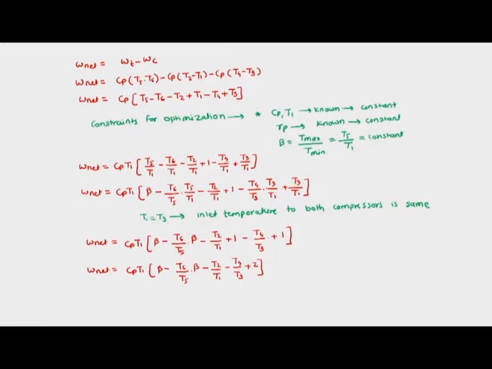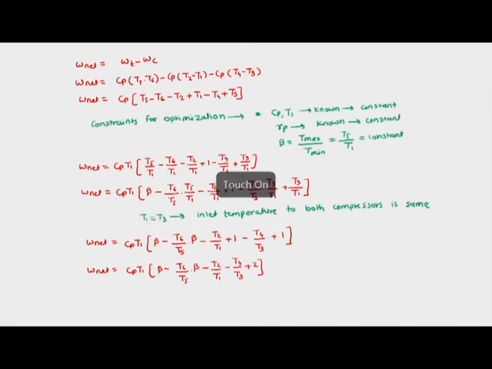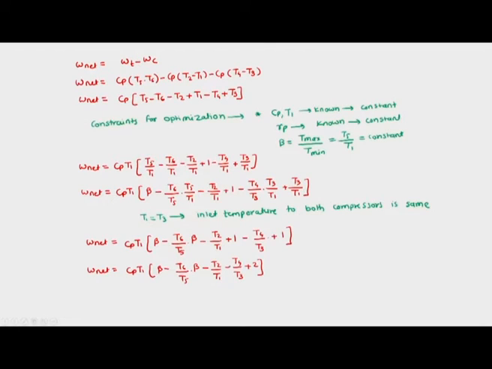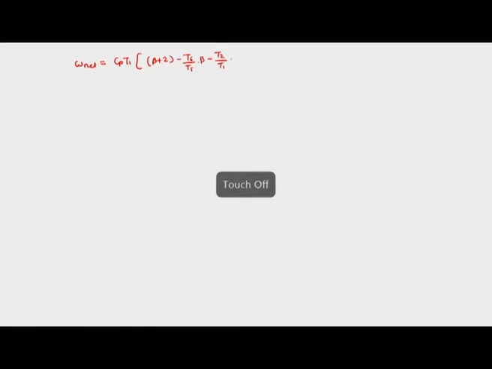So this expression we can take as W net equal to Cp T1 [beta plus 2 minus T6 by T5 beta minus T2 by T1 minus T4 by T3].